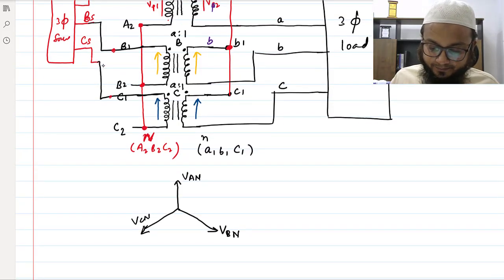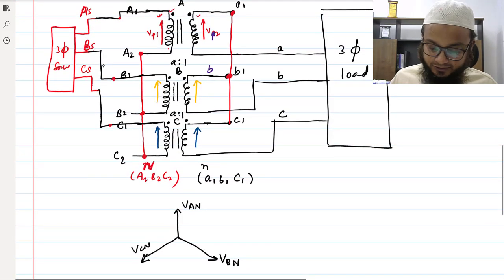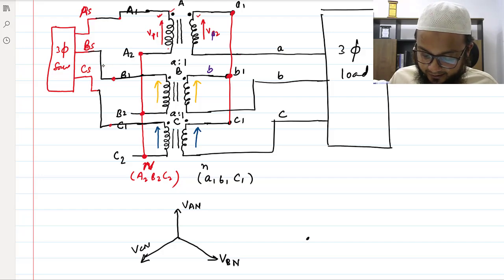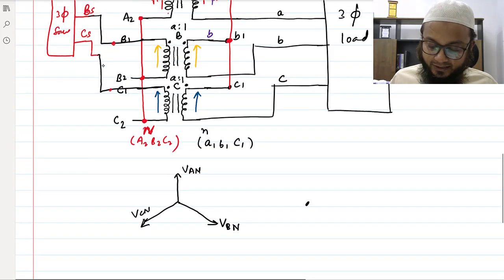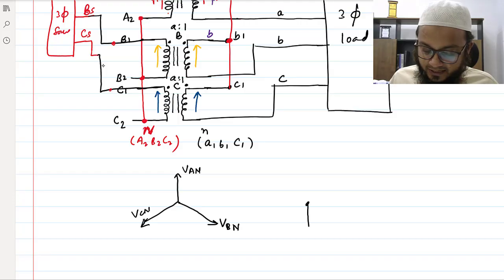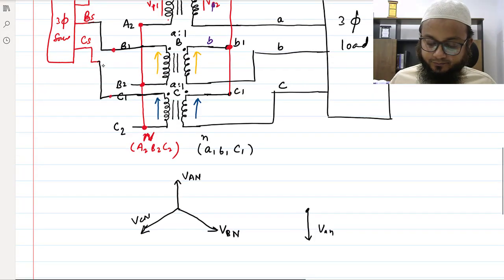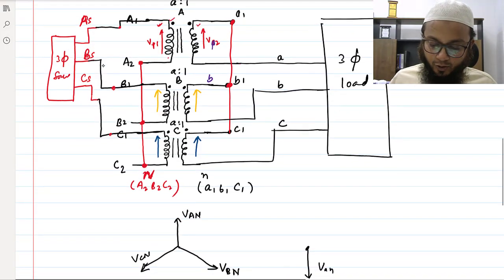Obviously this time, because we have shorted the neutral, the neutral is here, but this time VAN would be in this direction, opposite to the previous one, right? And what about BN?